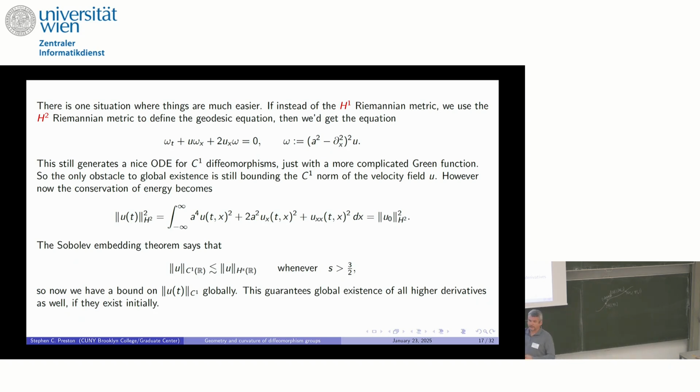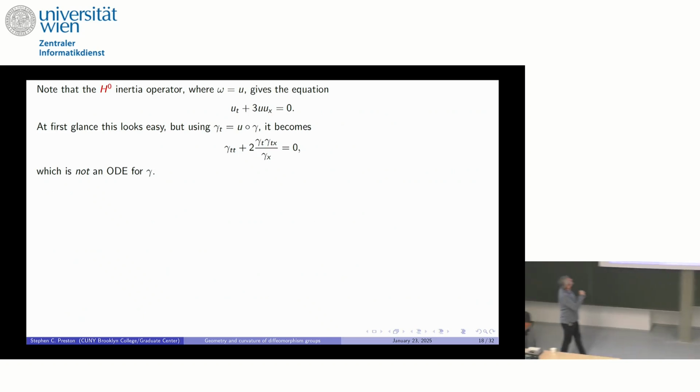And automatically, not only do I get local existence that works out nicely, but I get global existence for free. So this is the best possible situation when I'm working with diffeomorphism groups in the Banach context. I have a really nice, strong Riemannian metric that makes things behave like finite dimensions. And that's my whole goal here, to make everything behave like they're finite dimensional.